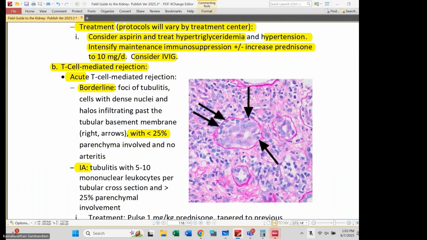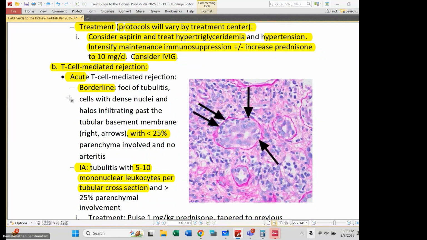So the number of lymphocytes that you can see per tubular cross section is used to make these scores. Again, we look at tubules that are sectioned perpendicular to their long axis, right? So this would be a reasonable one to count. We're not looking at the tubules that are sectioned lengthwise.